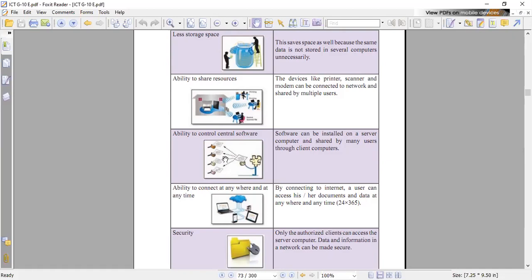So you can control all the computers by using only the admin computer, the server computer.